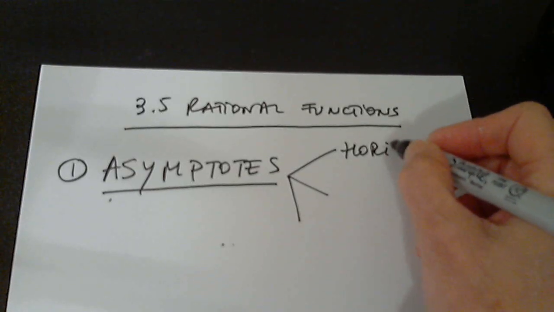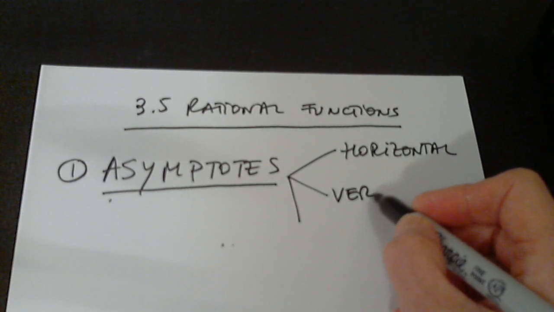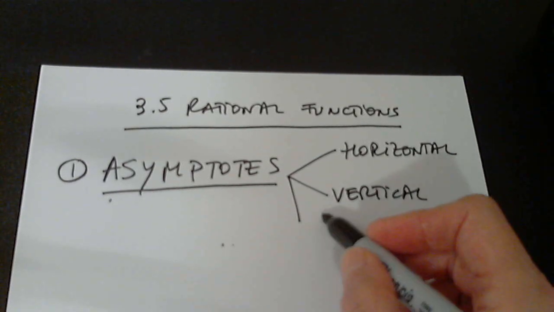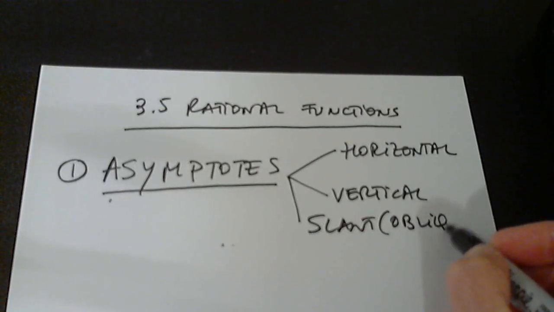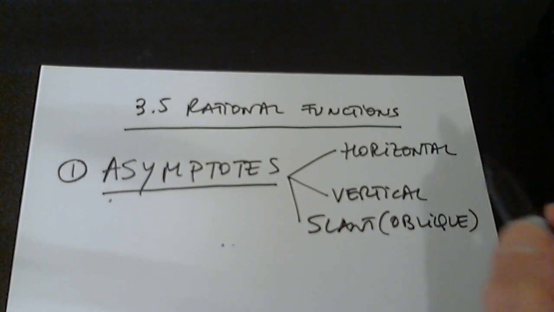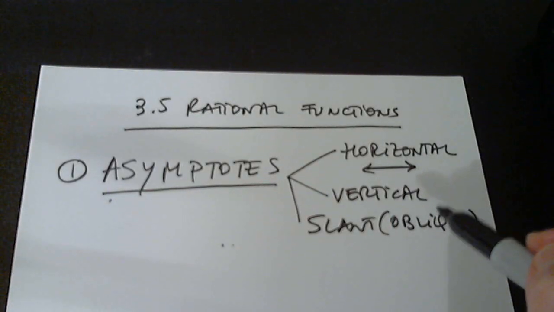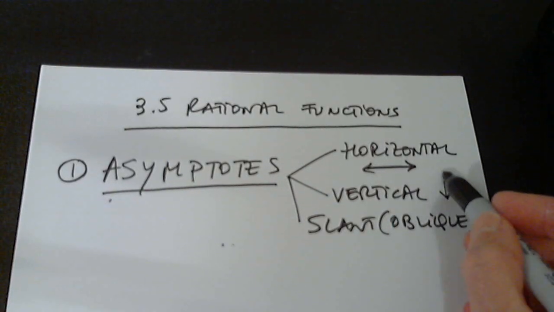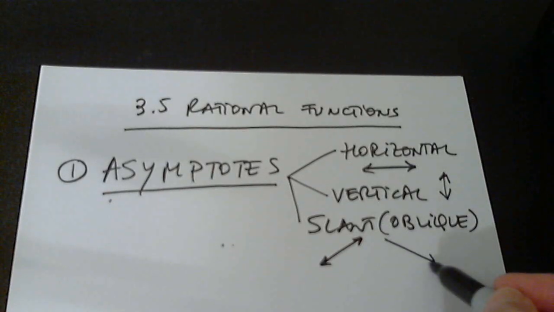Horizontal, vertical, and slant, oblique, in other words. Horizontal, a line like that. Vertical, a line like that. Slant, either like this or like this.